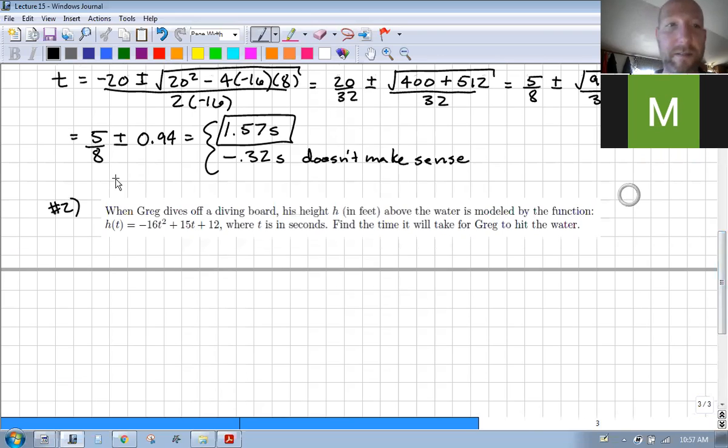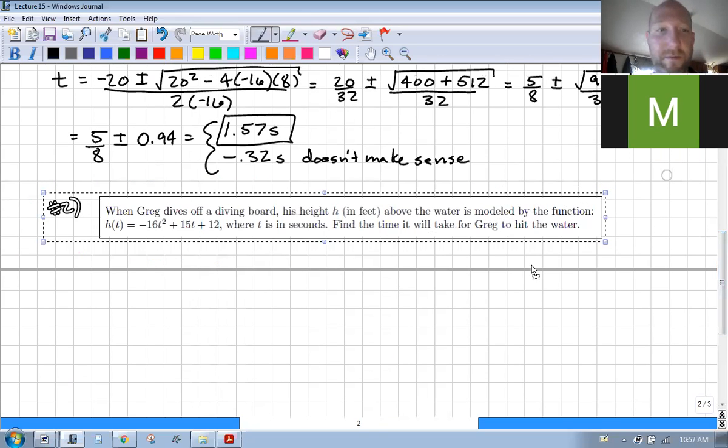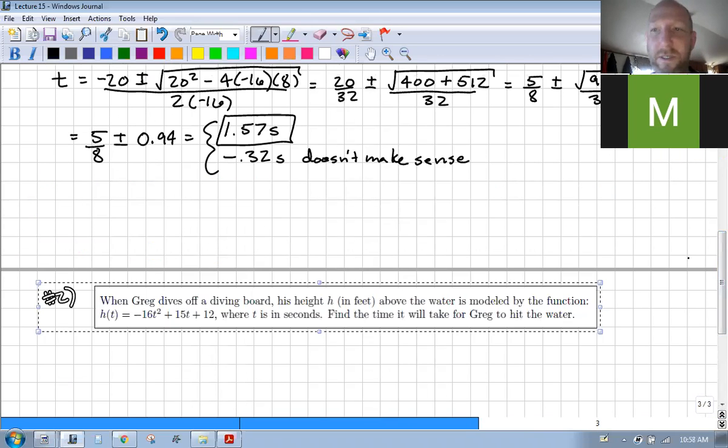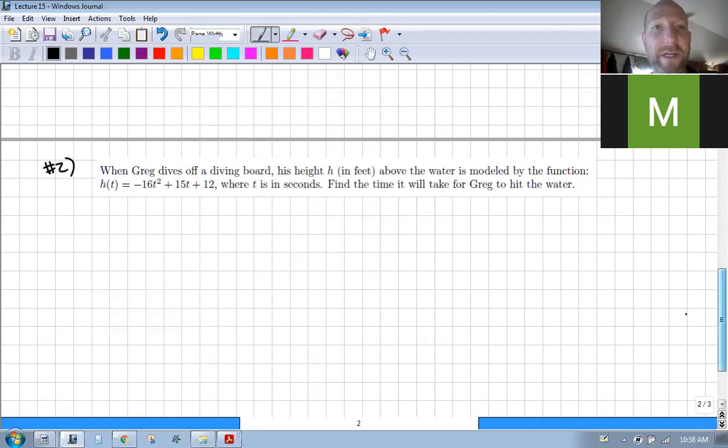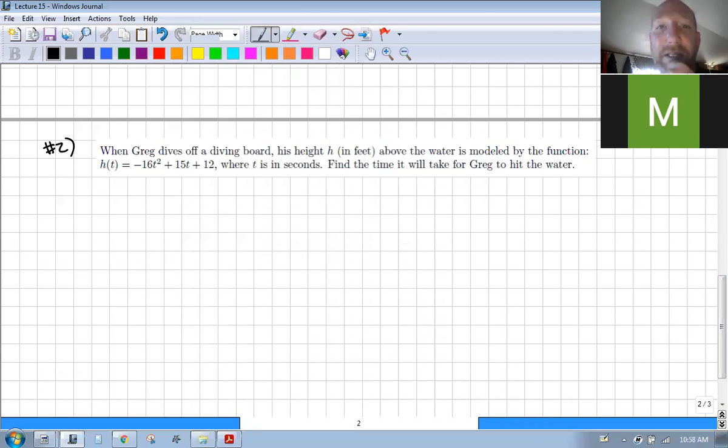All right, let's look at number 2 here. So when Greg dives off a diving board, his height h in feet above the water is modeled by the function h of t, where t is in seconds. Find the time it will take for Greg to hit the water. So same thing here. He hits the water when his height is 0.